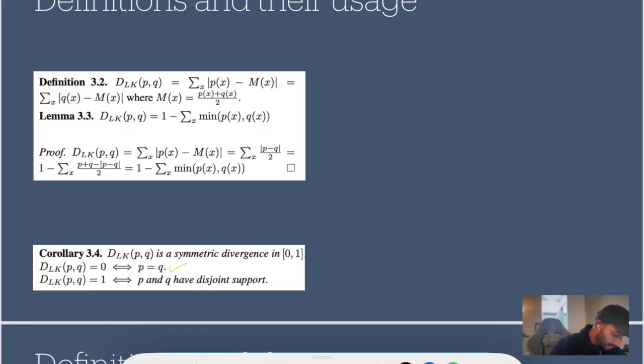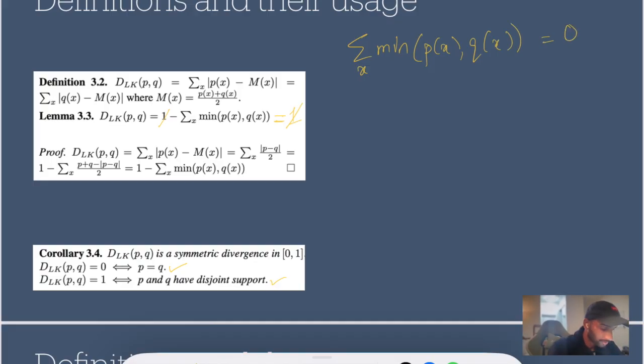Coming to the second part, this is the more interesting part here. D_LK equals 1 basically means that P and Q have disjoint support, or they're very distinct probability distributions. So why is that? If you equate this to 1 here, these ones cancel, and we are left with sigma x min(P(x), Q(x)) is equal to 0.